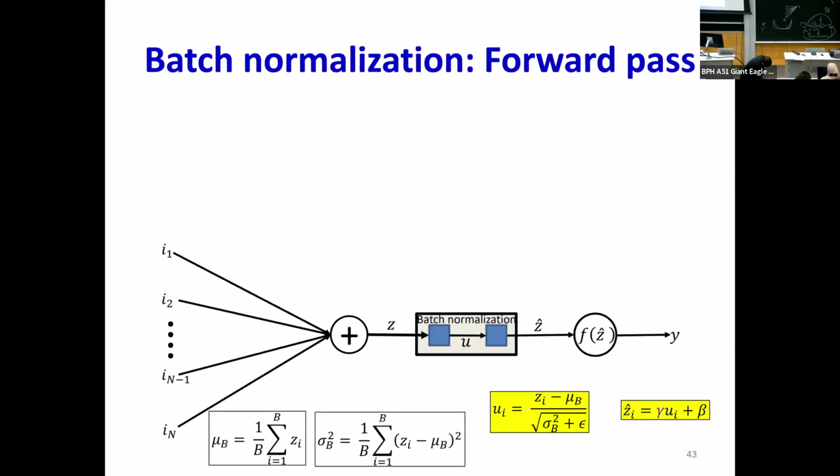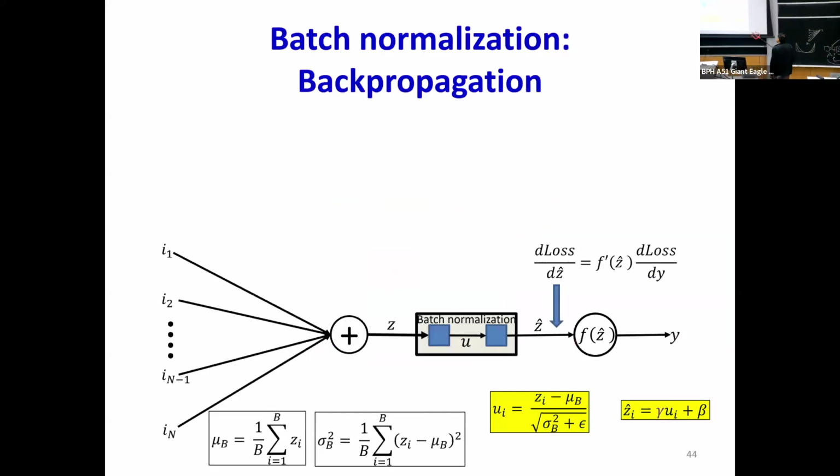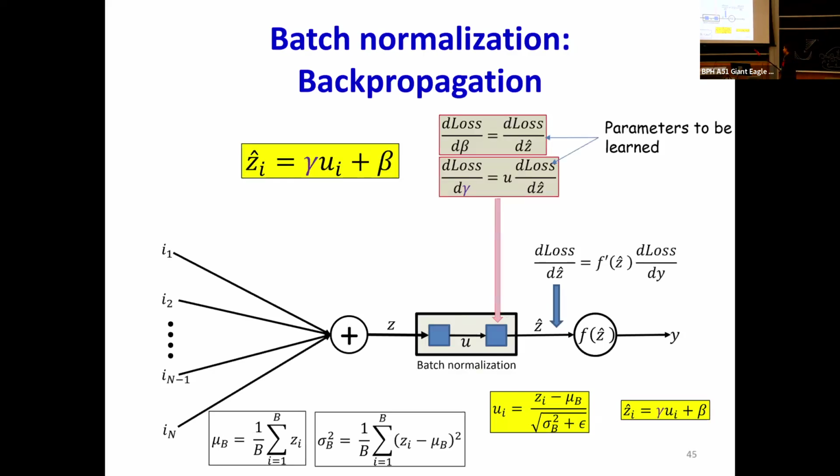So that we can compute. When I'm going back, if I got a z hat, I'd compute an activation on it. So back propagation will give me the derivative of the loss with respect to z hat, just propagate it past the activation. And then I can take a step back and compute the derivative of the loss with respect to the parameters of the shift, the beta and the gamma.